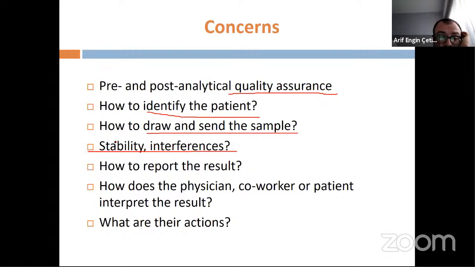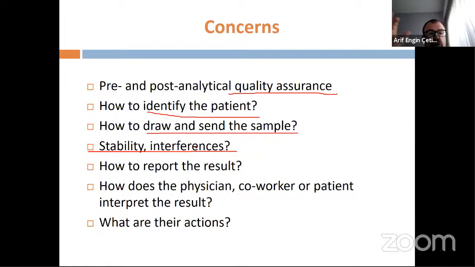Interference and stability. Stability means here, for example, you cannot store these tests for years and years. There is a time window in which you have to use these POCT tests.